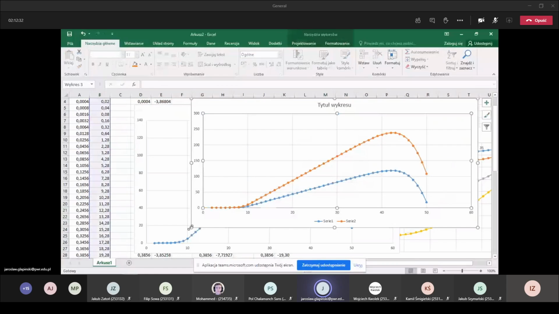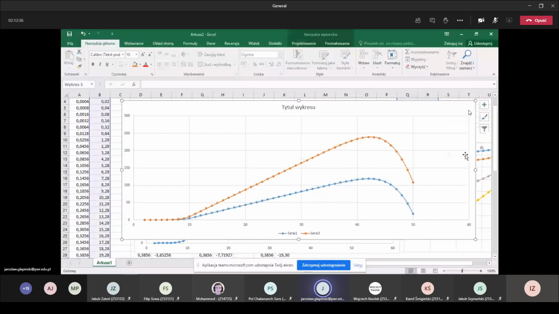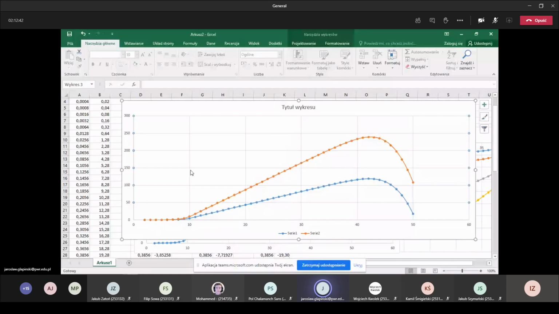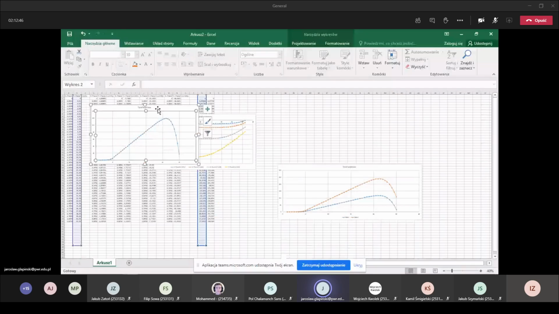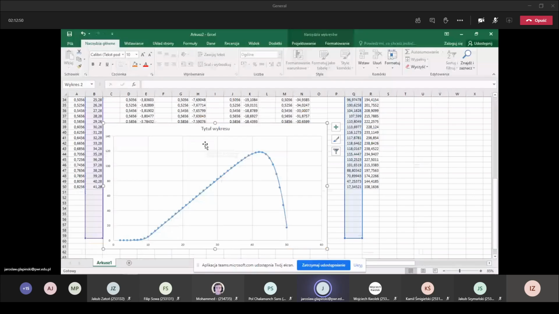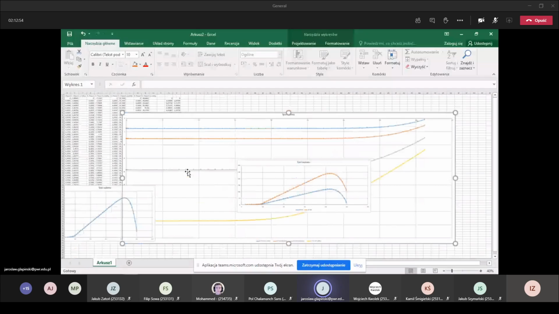So that was, where is this? This is the correlation between voltage and the current.